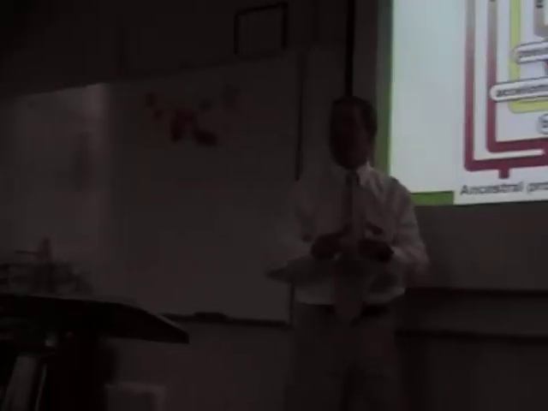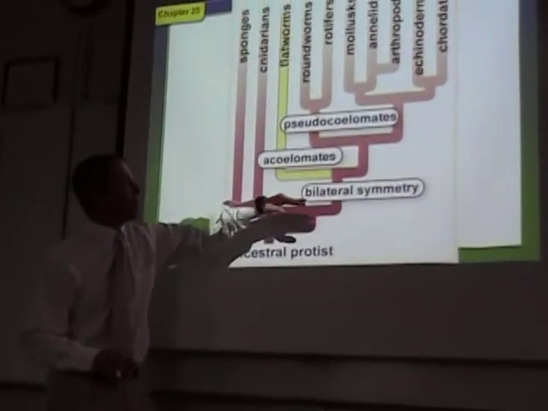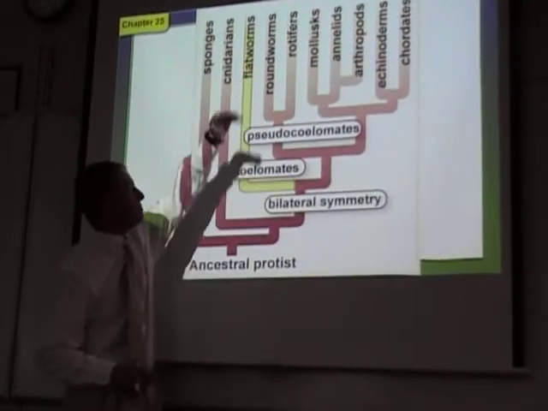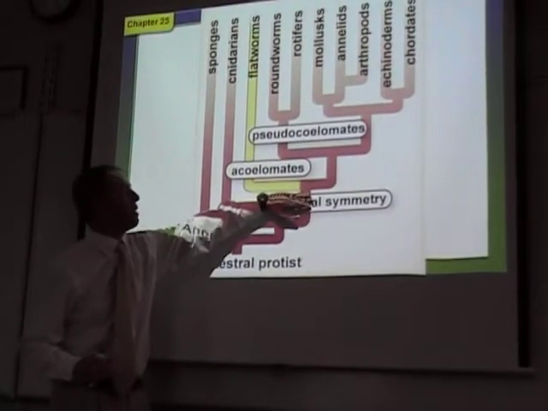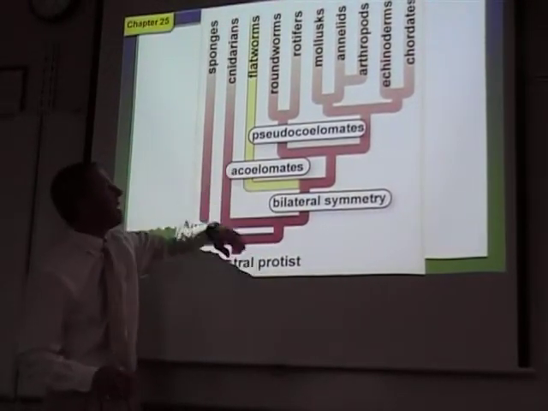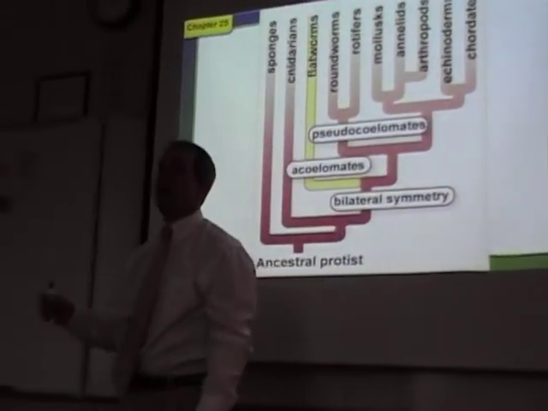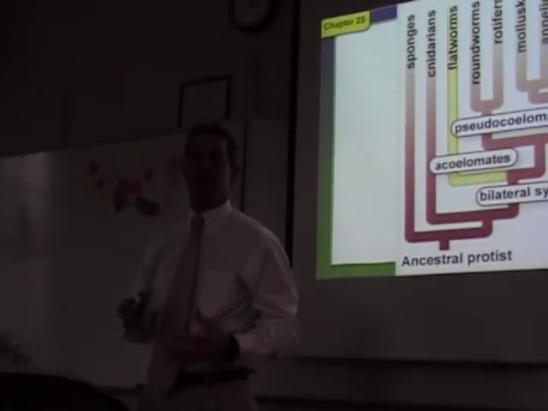So these flatworms have three tissue layers: ectoderm, mesoderm, endoderm. And anything with three tissue layers is from here and above. And we say if it has three tissue layers, it's an acoelomate, a pseudocoelomate, or a coelomate, depending on if it has a body cavity or not.